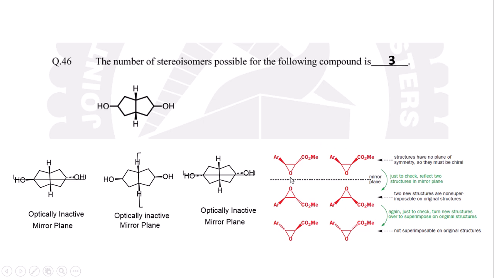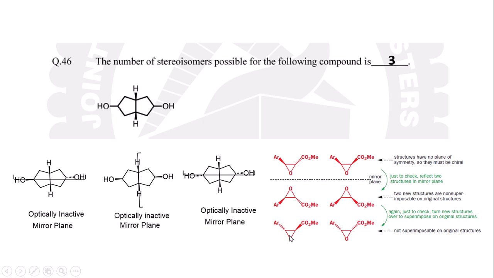And this stereochemistry problem is also taken from the Clayden book, where the epoxy compounds are not superimposable with one another as isomers, but this compound is superimposable with this one, and this trans compound is superimposable with this trans compound.